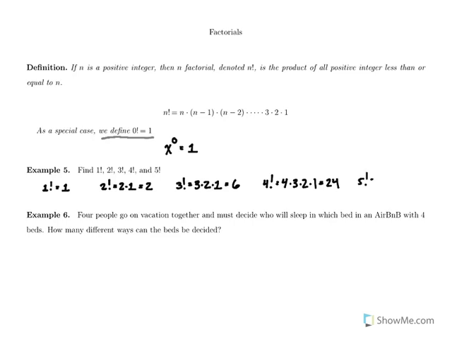And 5 factorial is 5 times 4 times 3 times 2 times 1 is 120.